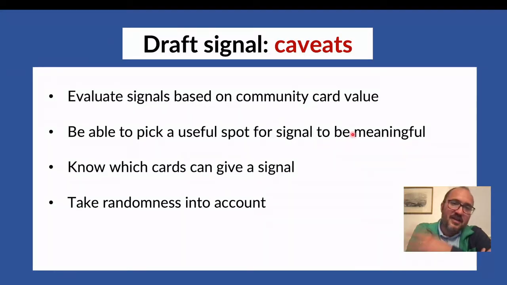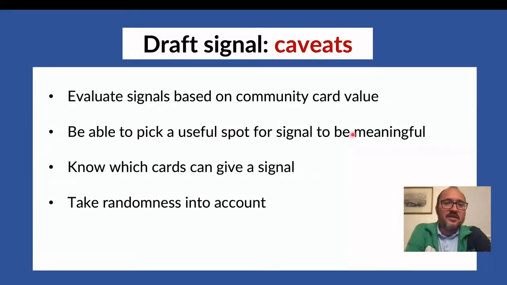And then again, we can go back to the Guiding Voice example. Guiding Voice is a signal if you're drafting with fellow grinders. Maybe it will be a stronger signal on Modo, maybe on best of 3, because best of 3 players are on average slightly more invested, so maybe it's a better signal there. But it's not a very good signal in the best of 1 draft.